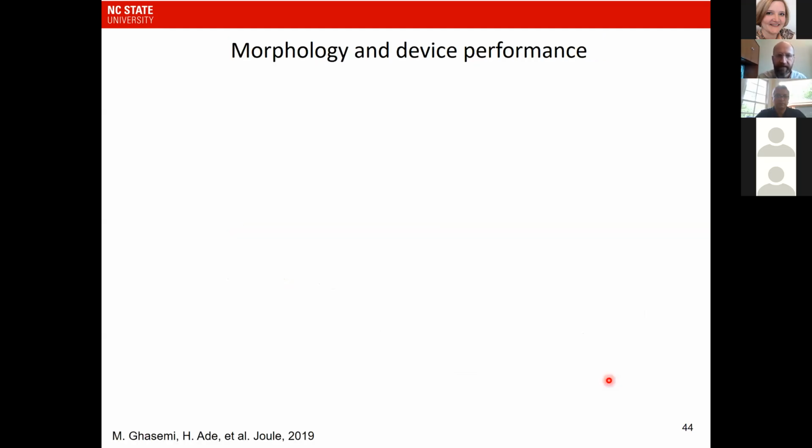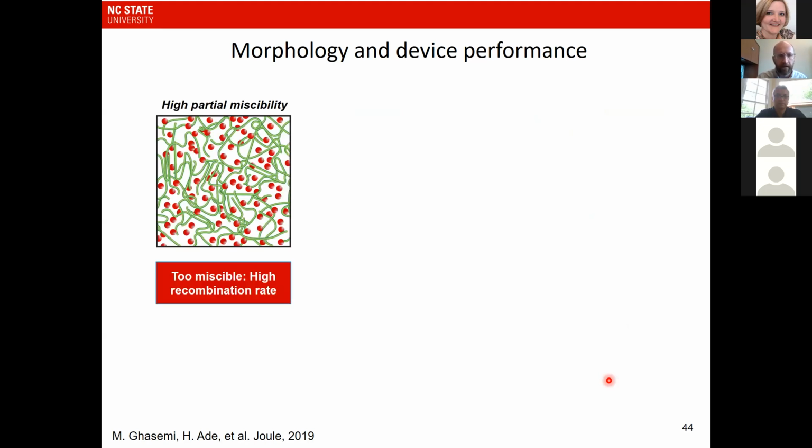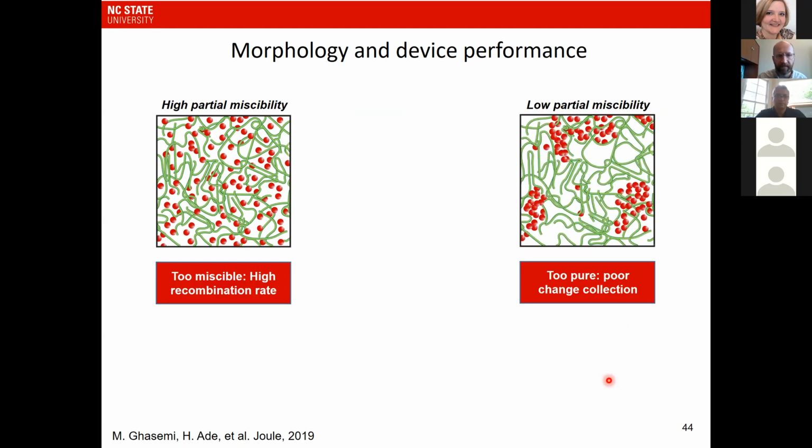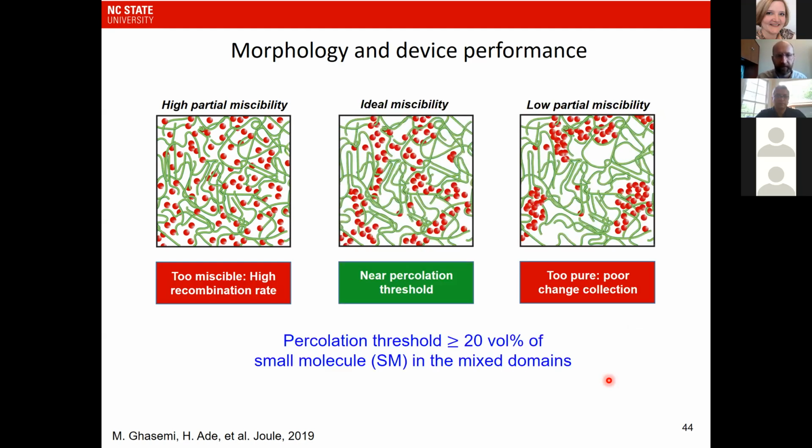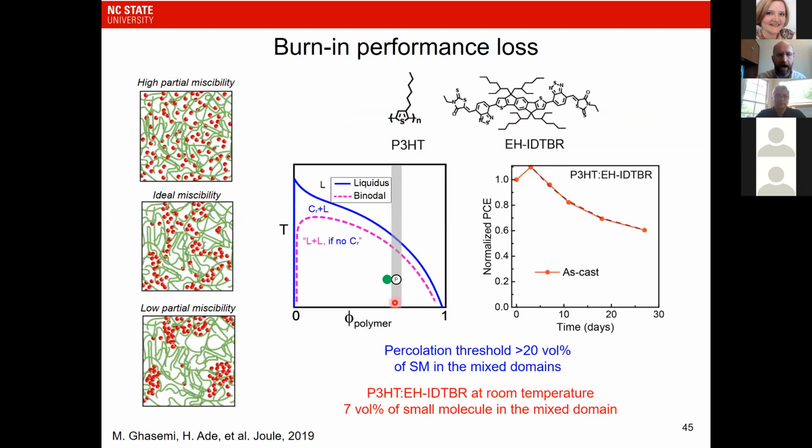And if you look at a phase diagram of what this looks like, to understand how miscible these components are. Sorry, let me skip over this for the sake of time, actually. So we can look at how miscible they are by measuring a phase diagram.